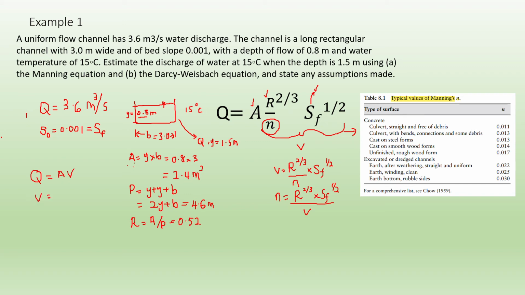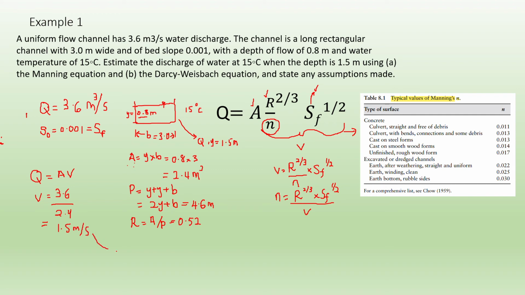You have Q given as A multiplied by V. So in this case, Q over A, 3.6 over 2.4, is equal to V, which is 1.5 meter per second.